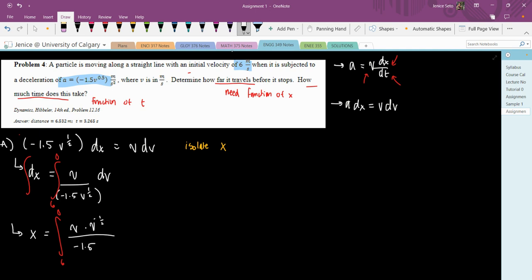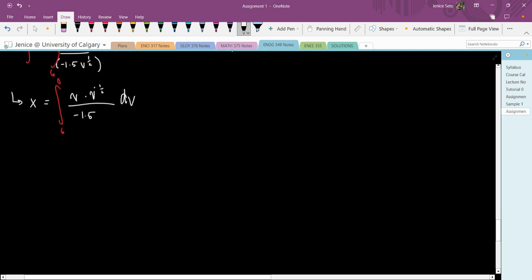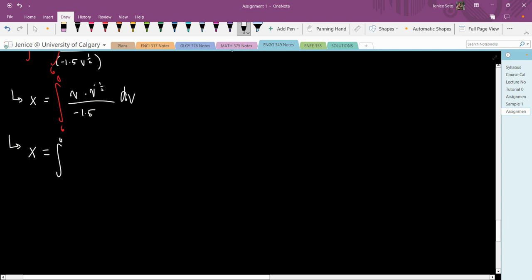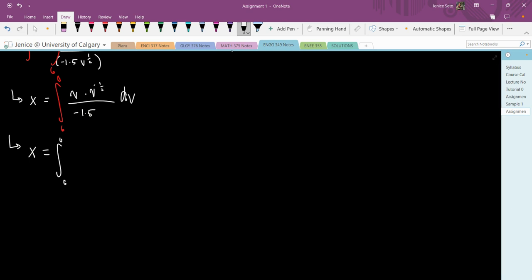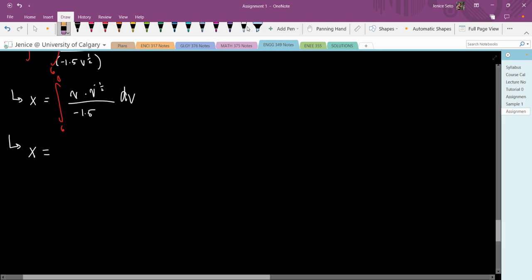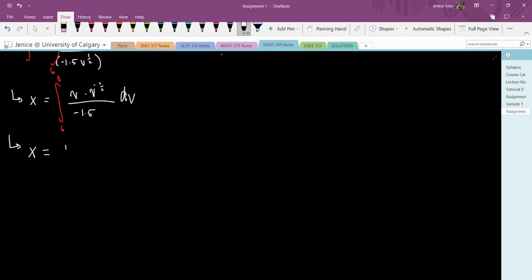So we're going to move that up, negative 1 over 2. We're going to kick out this 1.5. This is also equal to, rewrite it, negative 2 over 3. That's just 1 over 1.5.